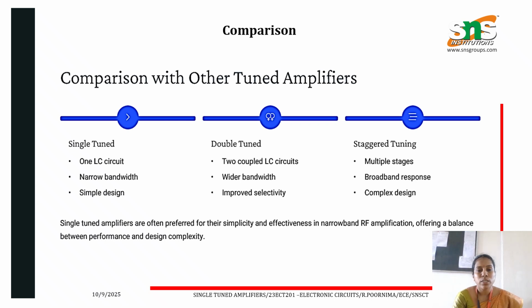The single tuned amplifier has a simple design, double tuned has improved selectivity, and staggered tuned has a complex design. These are the comparisons of single tuned with other tuned circuits. Single tuned is preferred for its simplicity and effectiveness in RF amplification. It provides a balance between performance and design complexity.